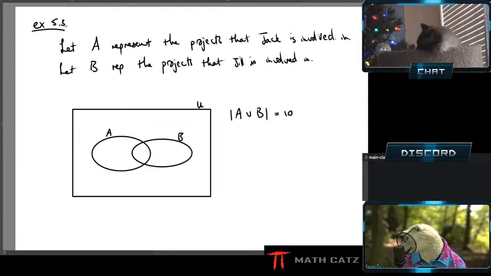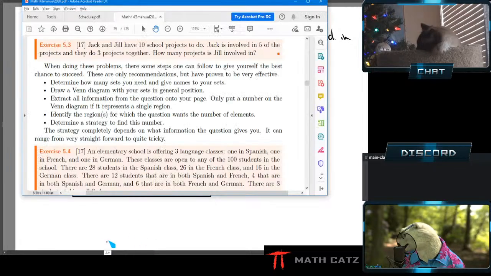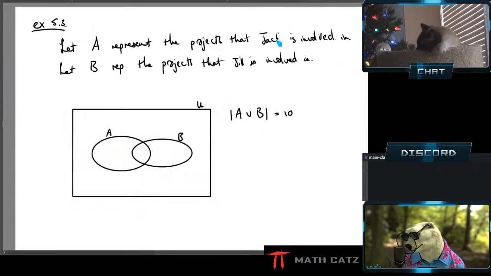However, I have a diagram here. It would be nice to put things on the diagram when I can. It says here, Jack is involved in 5 of the projects. Again here, I don't want to put the 5 there because in a bigger question, which is what I'm trying to set up, I'm going to forget what that 5 represents. Maybe later down the line, many things happen, I come back to this diagram.